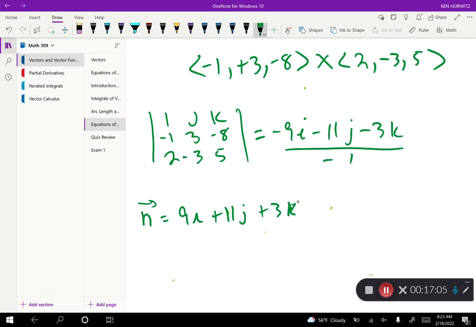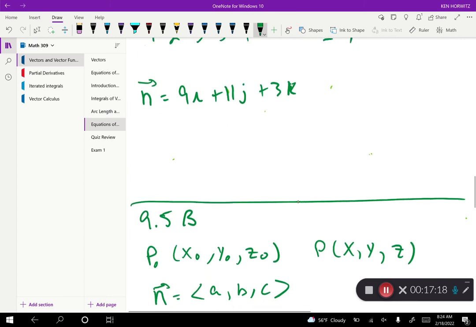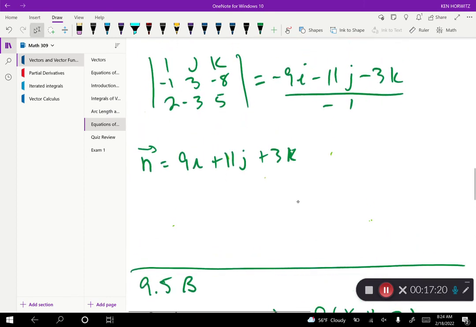And you could have used either one. It's just a matter of how you want to do your algebra. If you don't care about the negatives, just use the one you get out of the cross product. If you do, then you can divide by negative 1.